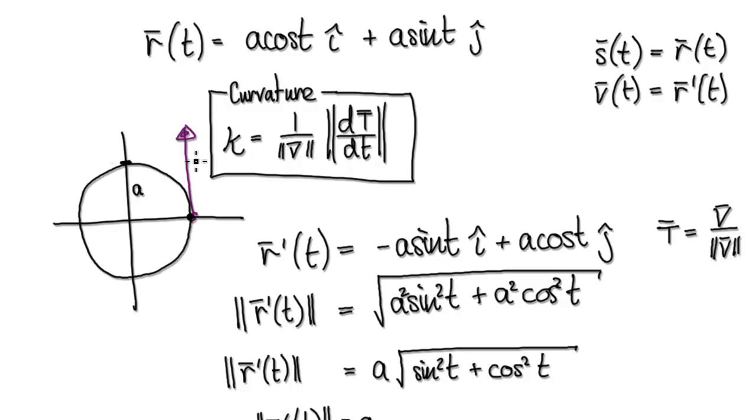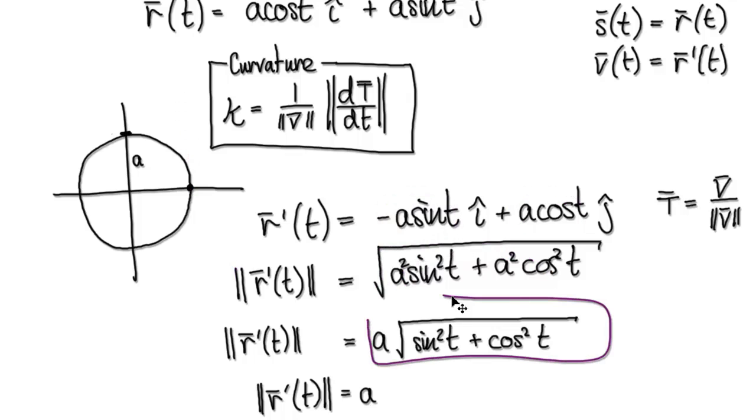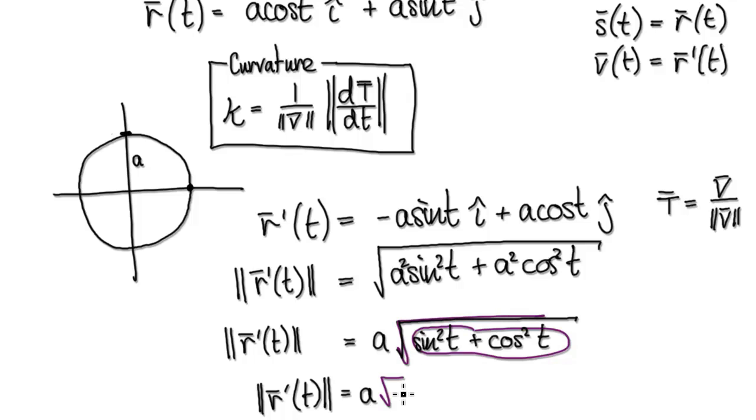We would need to divide it by the magnitude of the tangent. The magnitude is given by using Pythagoras, and then square rooting everything. Tidy this up, and this thing here is just the number 1. The square root of 1 is 1. So the magnitude is given by A.